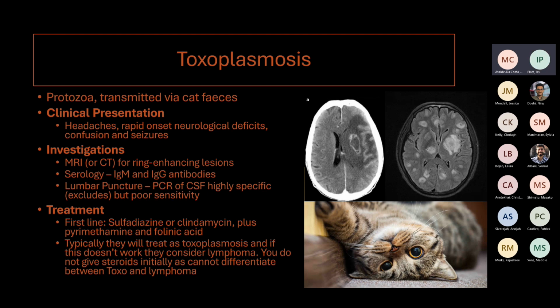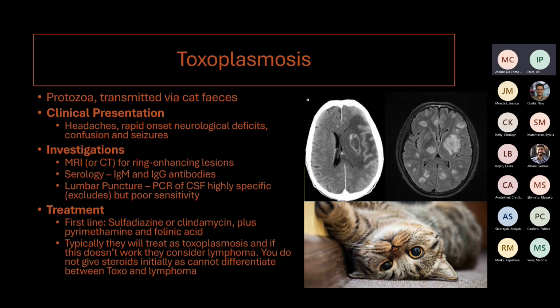Good. What else was there? There's the investigations and the treatment. So let's ask them what investigations they would do. What investigations would you do? You've already done one, which is the imaging, right? Yeah, good. So an LP.